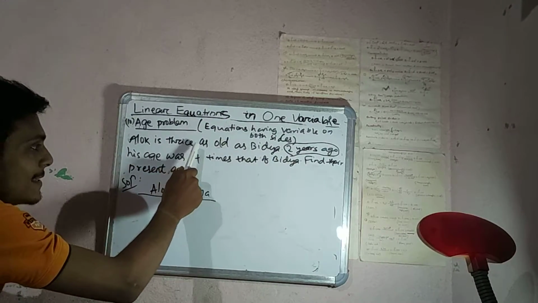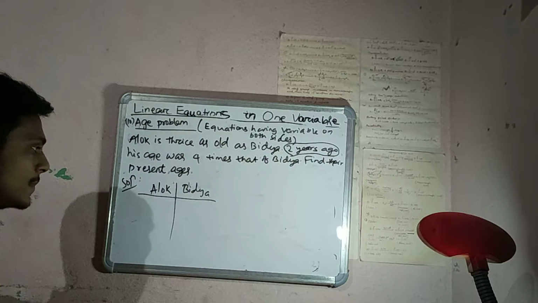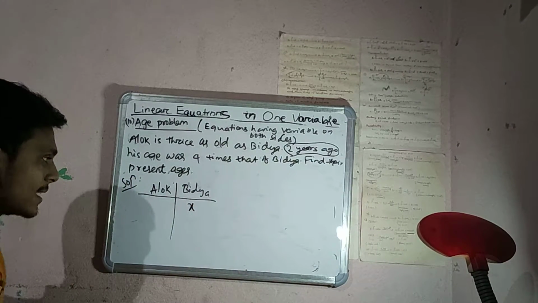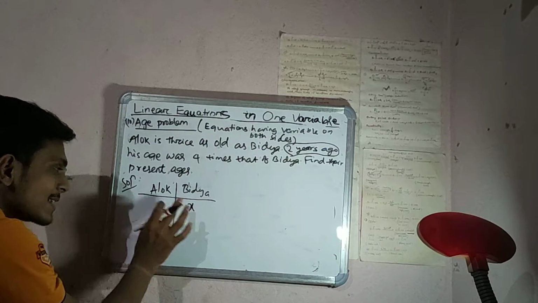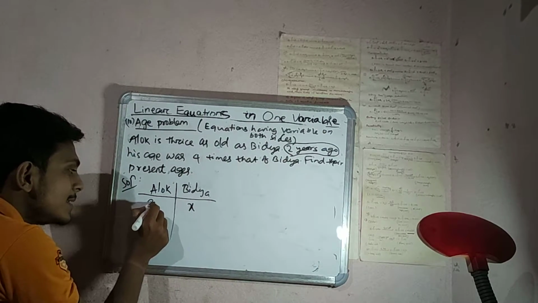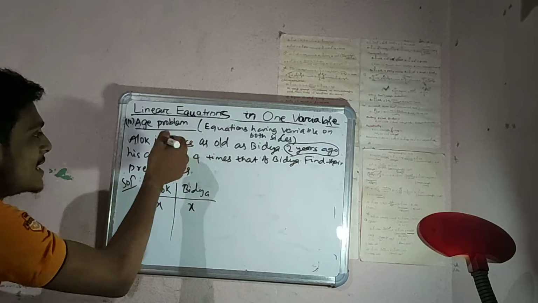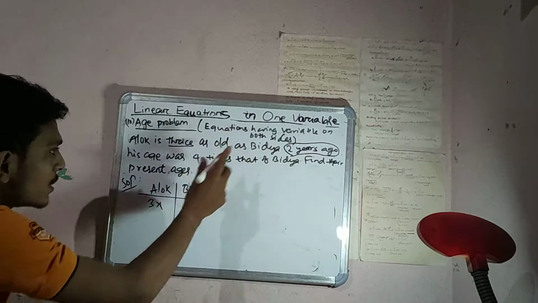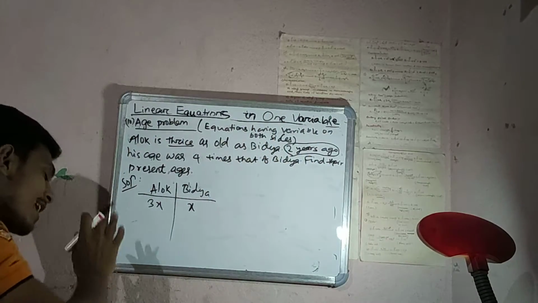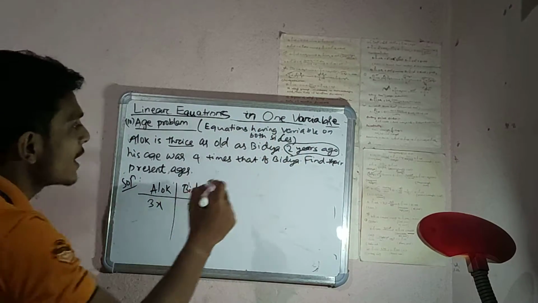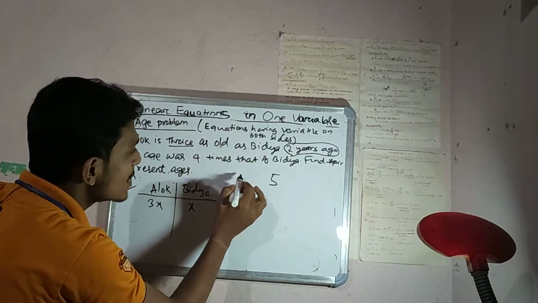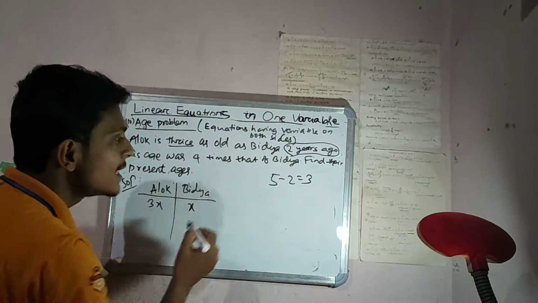Alok is thrice as old as Vidya. So if the age of Vidya is x, then the age of Alok is 3x, because thrice means 3 times as old as Vidya. But 2 years ago means, if your age is 5 now, then 2 years ago your age was 5 minus 2, that is 3, simply.